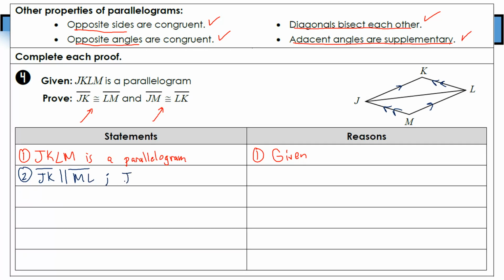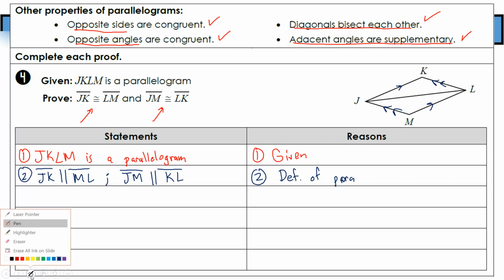Likewise, we can establish that JM is parallel to KL, all because of the definition of parallelogram. Knowing that allows us to mark some alternate interior angles congruent. I know that this angle here would be congruent to this one because they're alternate interior angles. I also know that this one on top will match this one on bottom because they're alternate interior angles.